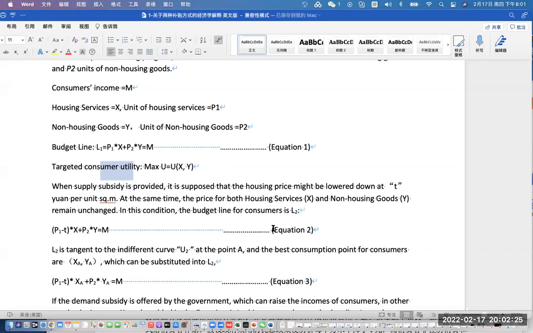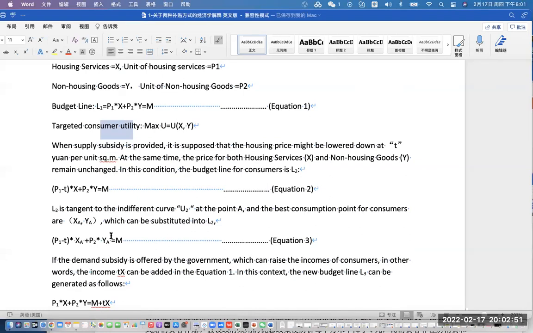In such a context, the budget line for consumers is L2. So that has another equation: (P1 minus T), lowered by T, multiplied by X, plus P2 multiplied by Y, equals M.